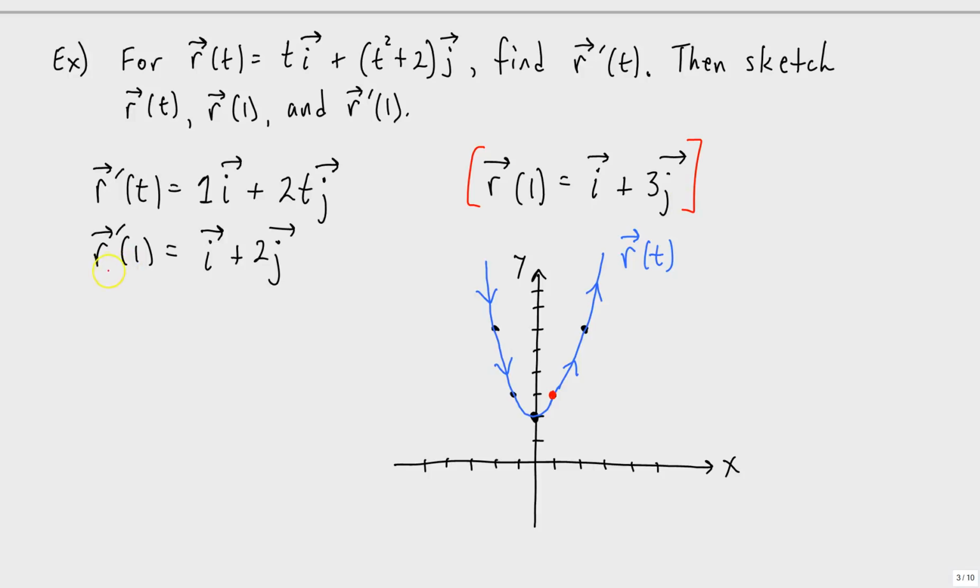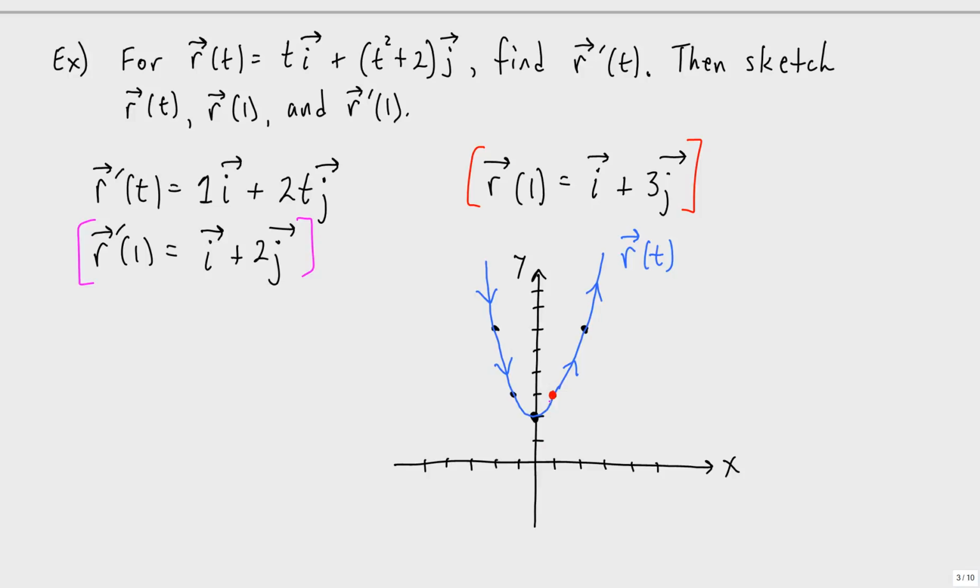So when you go to plot r prime at 1, the derivative evaluated at 1, the way this works is, when t is 1 on the original vector-valued function, that vector terminates at 1, 3. So that's where you're going to start.